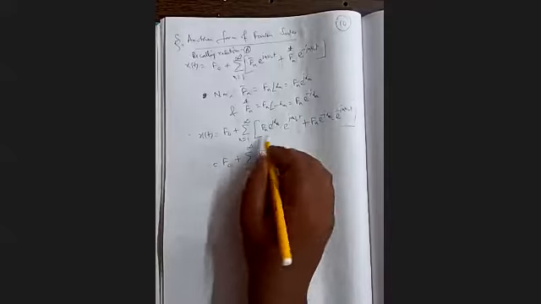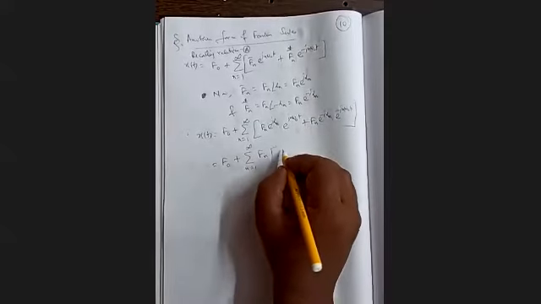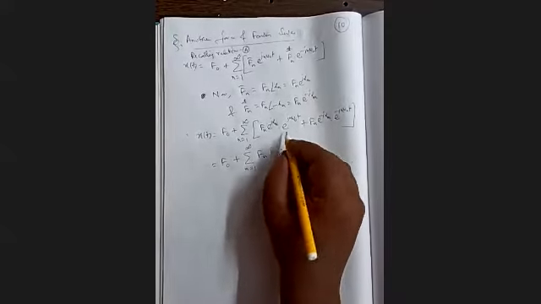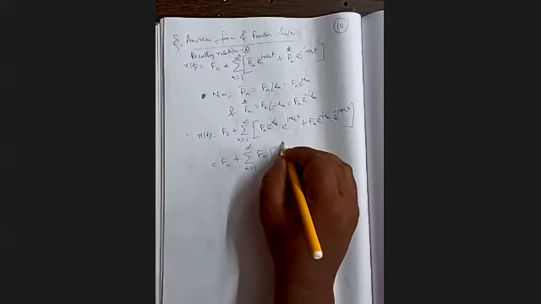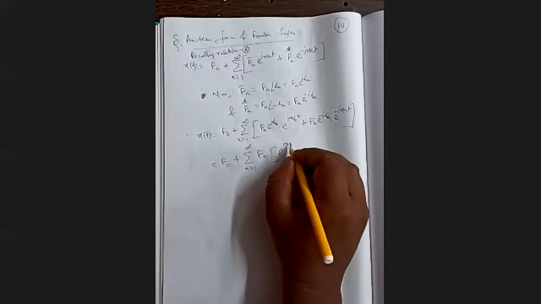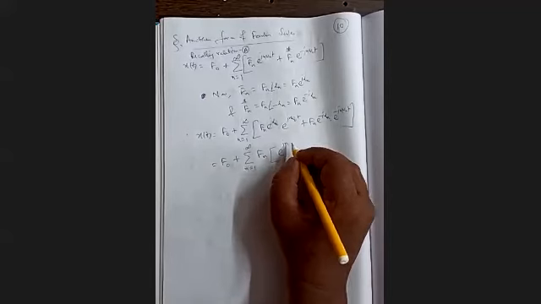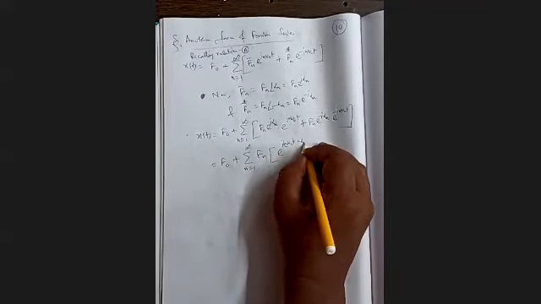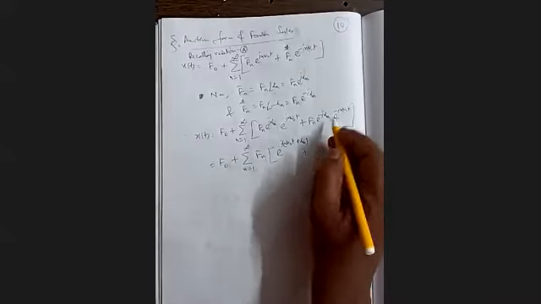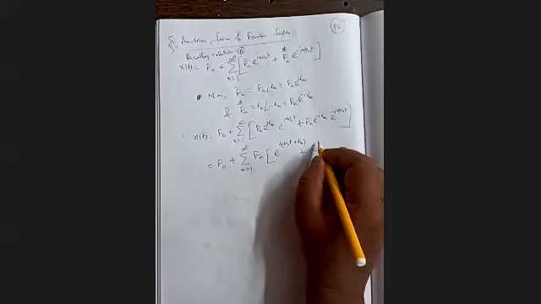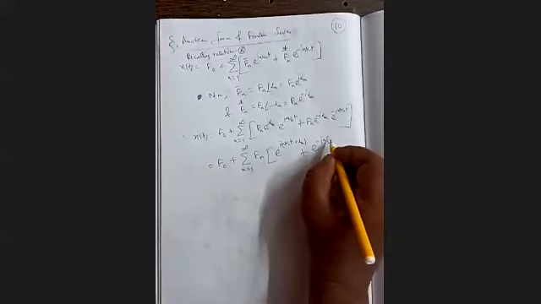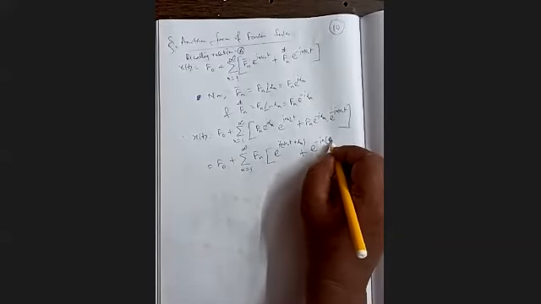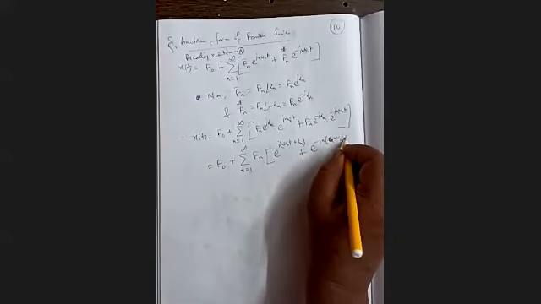So we take Fn outside, so it will be e to the power j (n omega 0 t plus alpha n), plus this one e to the power minus j (n omega 0 t plus alpha n).